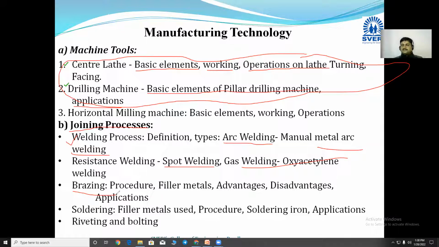At that time, for combining these two metal plates of different metals, we are using the brazing operation. So we are going to learn the procedure, filler material, advantages, disadvantages, and application of brazing.